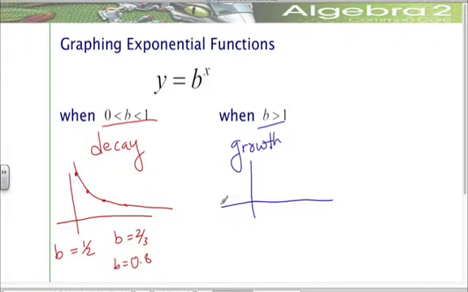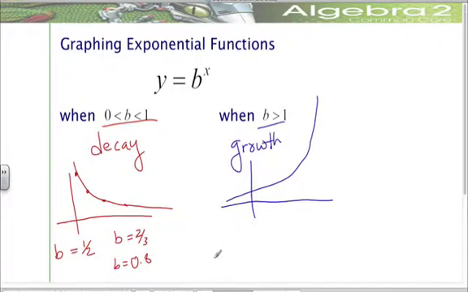So we're going to see something growing very, very slowly at first, and then all of a sudden it starts to take off and get really big really fast. That picture is a little bit exaggerated, but it exhibits those qualities, right? So we kind of see a gradual increase, and then it starts to get bigger faster. So you can see the curve is much different than a parabola, and obviously a linear function doesn't even have a curve.